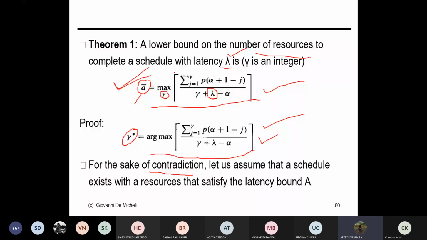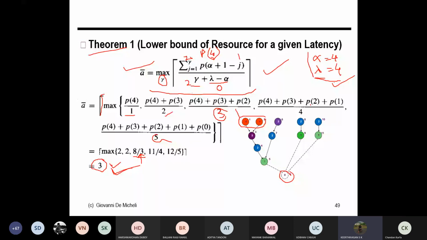Like, is it the average number of iterations? Basically, whatever I showed in slide 49, it says you take the node with the highest level, you need at least that number of resources, or you take the highest level plus the next level, p4 plus p3. P4 is the number of nodes with the highest level, right? And p3 is the number of nodes which have level 3. Then you take the average.